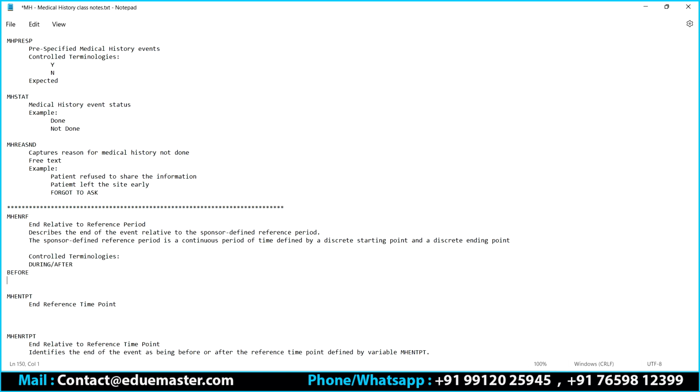So let's say for things like asthma or your headache, these are during or after. It is happening now, it may happen in the future. Things like an accident happened already, right? My leg got broken already, and I recovered from that particular event. It may happen after my treatment, maybe if I go outside again, for some reason it may happen.